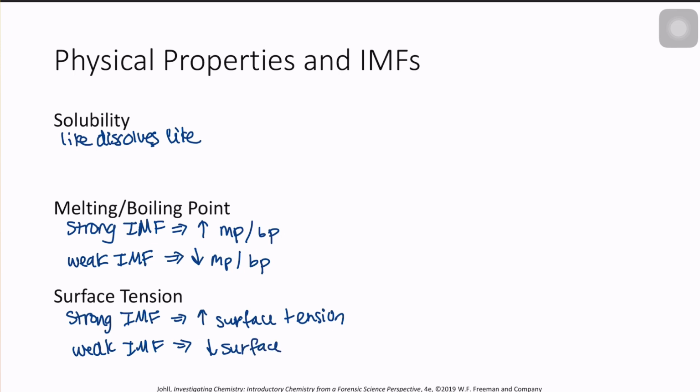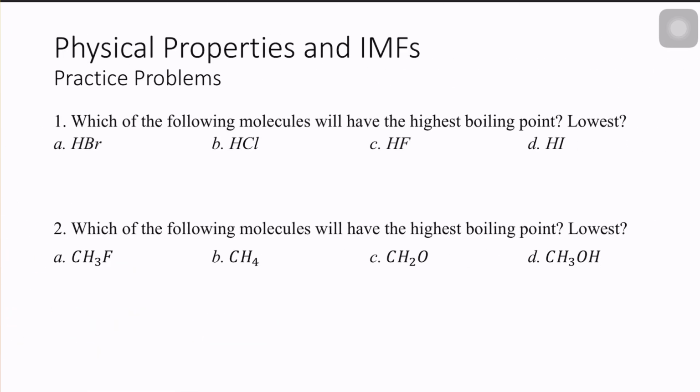And that's why if you're playing around with a lot of liquids, some of them you would be able to balance a paperclip on top of, and some of them you wouldn't. And it has to do with the IMFs. So let's look at some practice problems with this.